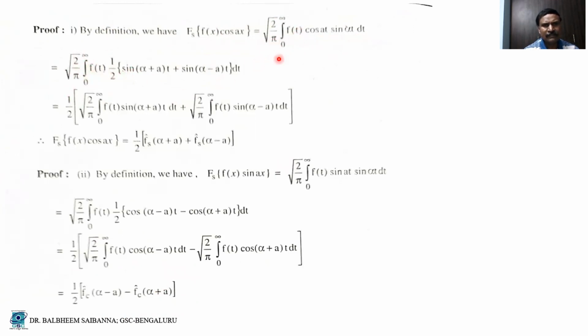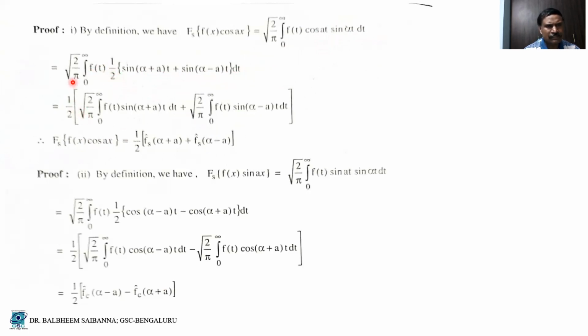Look at this one: we are using the cos A sin B formula, cos at sin alpha t. Cos A sin B is equal to 1 by 2 times sin of A plus B plus sin of B minus A. Simplifying, we get 1 by 2 sin of alpha plus a t plus sin of alpha minus a t dt. 1 by 2 is common.